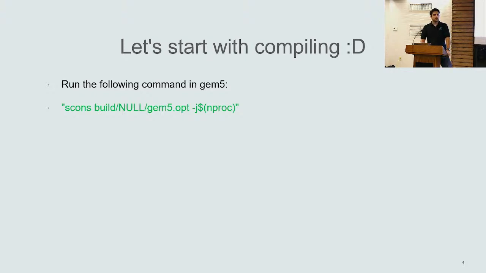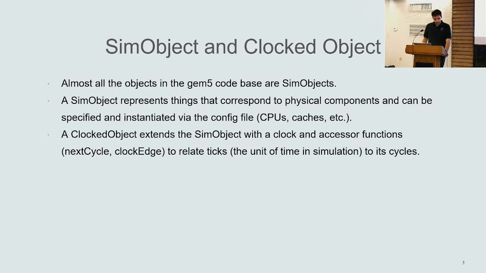Okay. So I'm assuming some of you have started the compilation process, and we're going to get started while the code is getting compiled. So first of all, let's talk about SimObjects and what they are. Basically almost everything that you find in the gem5 codebase is a SimObject.